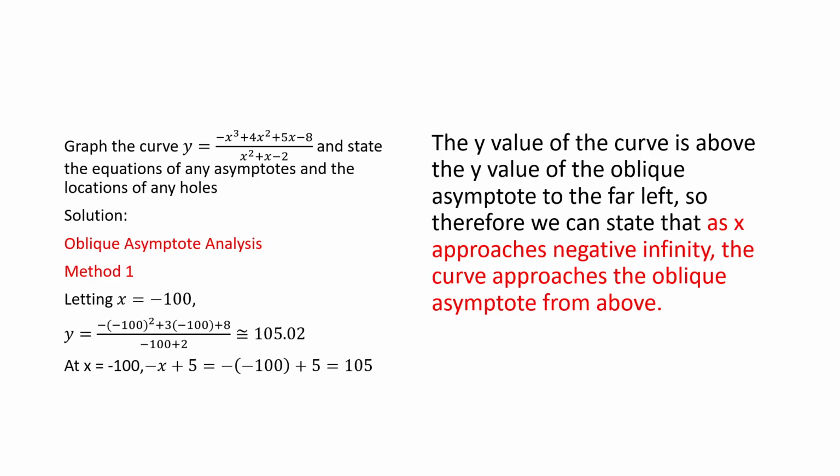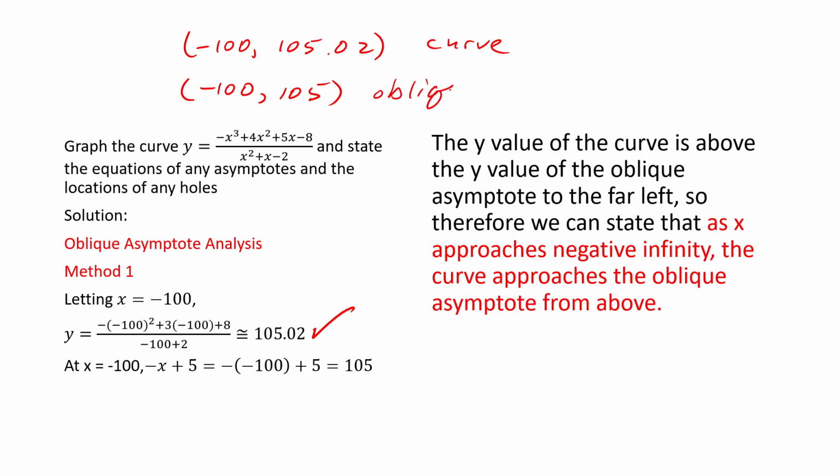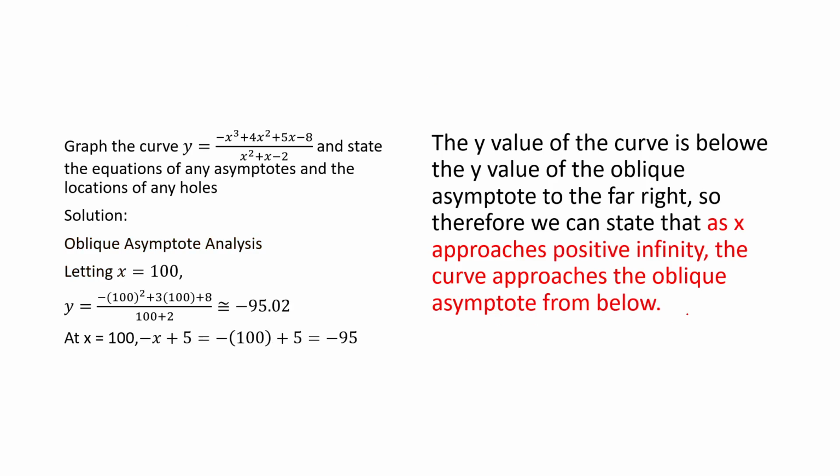Now we'll do our oblique asymptote analysis. If we let x equal -100, we see that y is 105.2, but the y value of the oblique asymptote is 105. Well, that tells me that as I'm going to the far left, the curve is approaching the oblique asymptote from above. Okay?